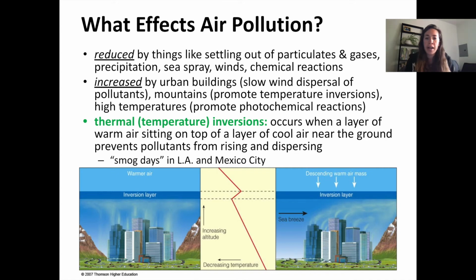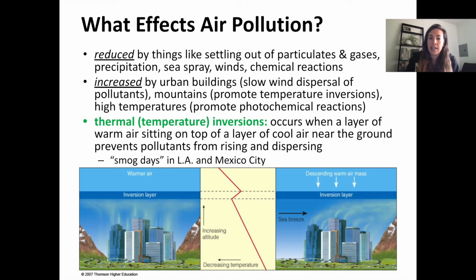So what a temperature inversion, or a thermal inversion, is, is when you have a warm air mass that sits above a colder air mass, and the inversion layer is going to hold down that material into basically a tiny pocket at the surface.